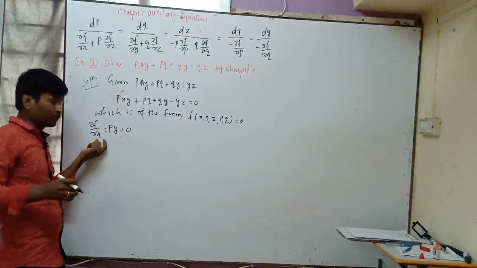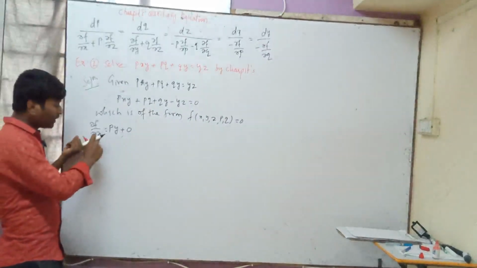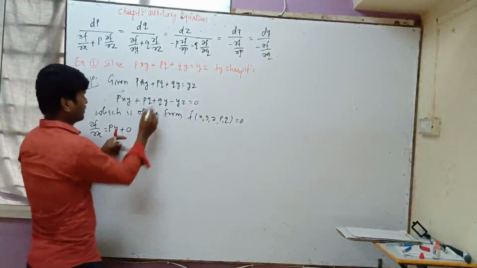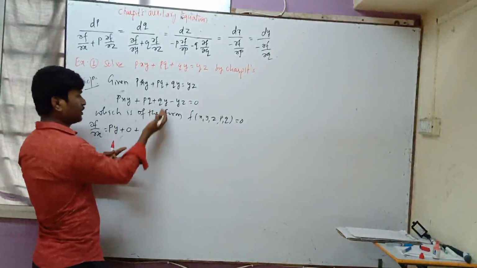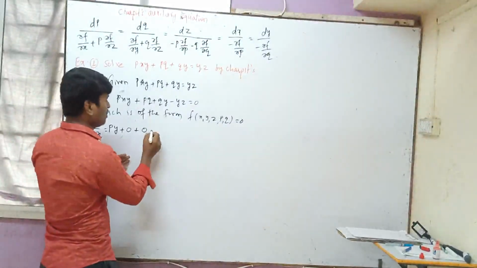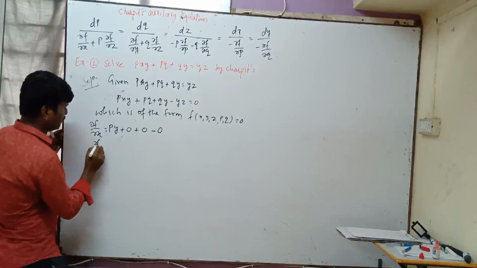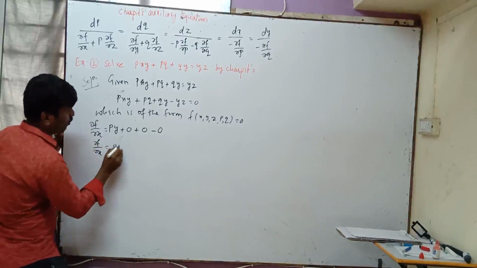And the next term is plus qy. There is no x term again, constant, so 0, minus again 0. So the answer is ∂f/∂x equals only py.